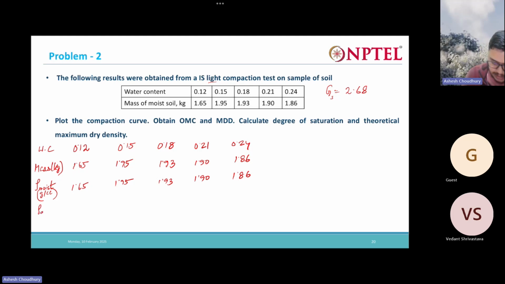So calculate the dry density similarly for all. You'll get 1.47, 1.69.